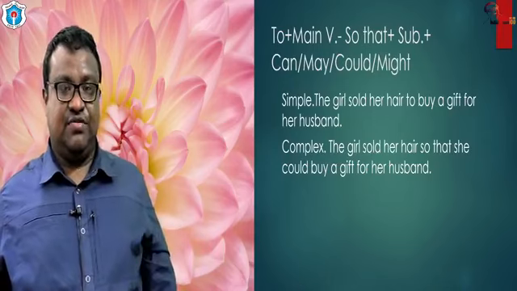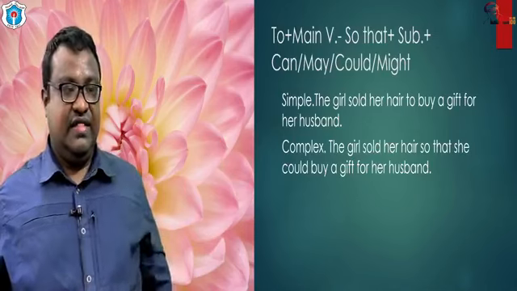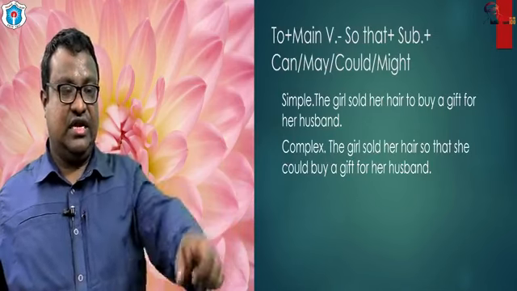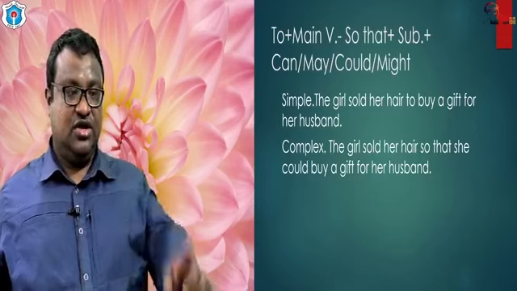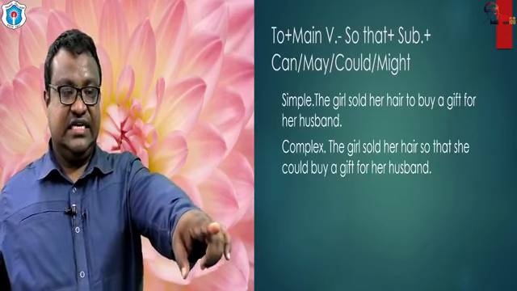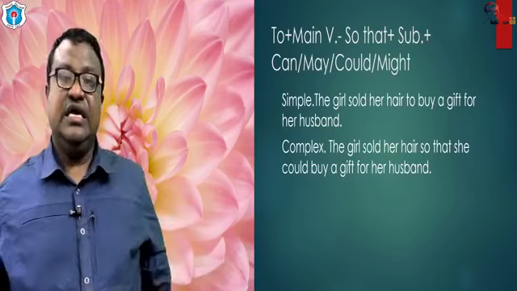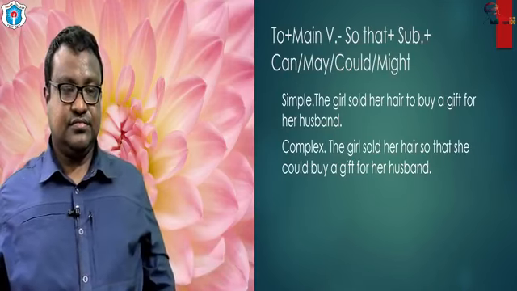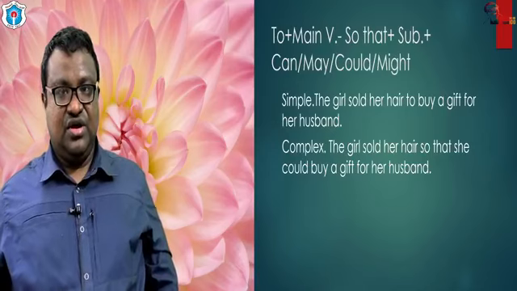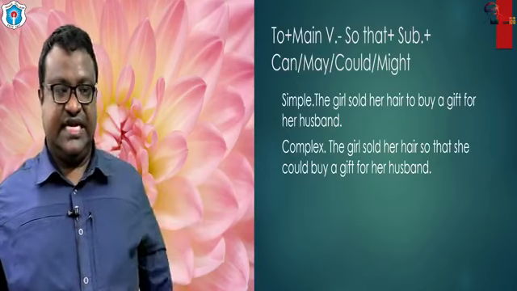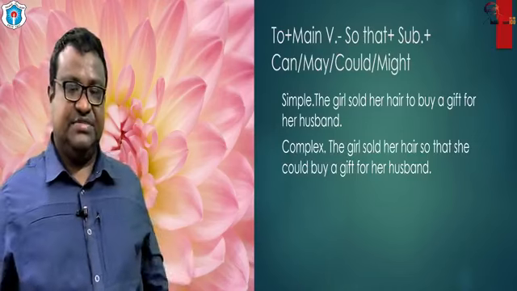When we are transforming it, the girl sold her hair so that she could buy a gift for her husband. So that plus the subject. Now here we are using the pronoun of the subject, because there is only one subject here.